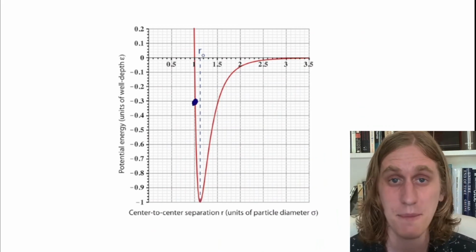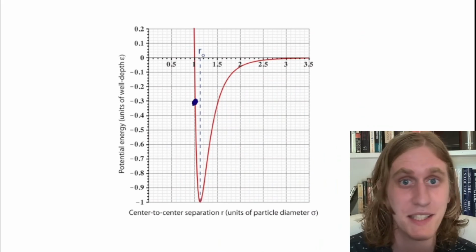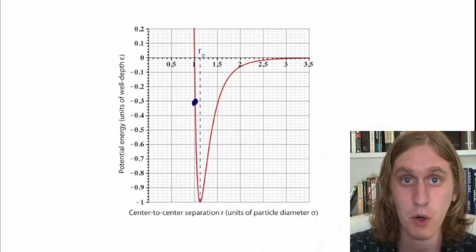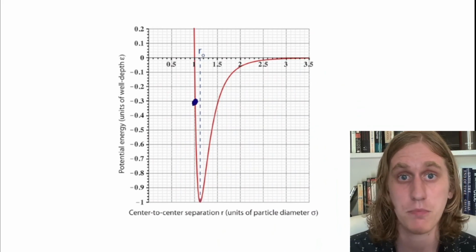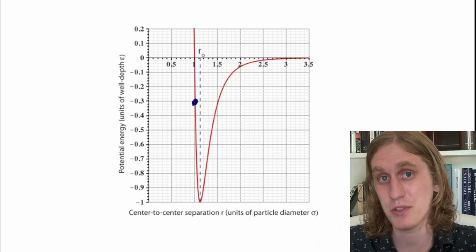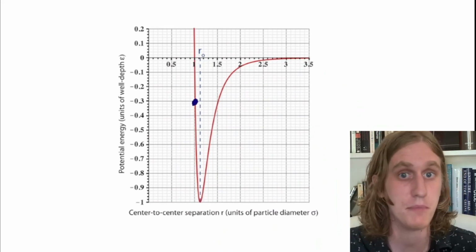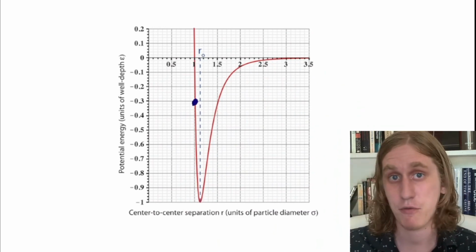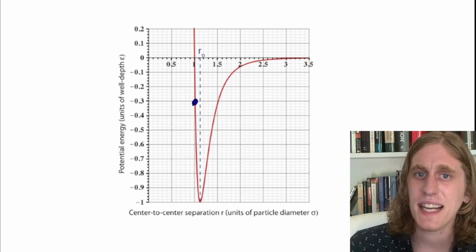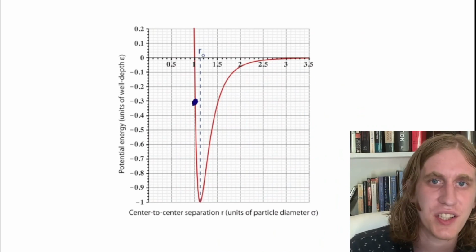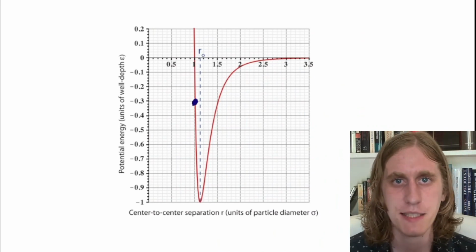If you give an object some potential energy and then release it, some of that energy will be converted into kinetic energy and the object will start moving. It's the same thing with two particles. If we pull the two particles farther apart and release them, they're going to move back together. If we push them too close, they're going to move back apart. And the second thing is that energy conservation still applies here, just as it has before.